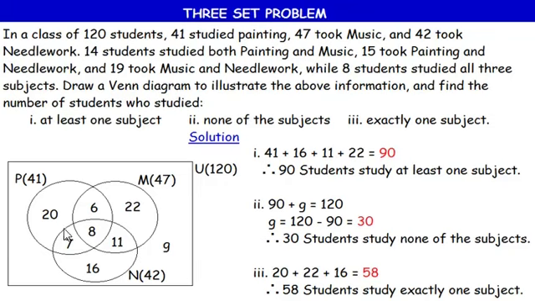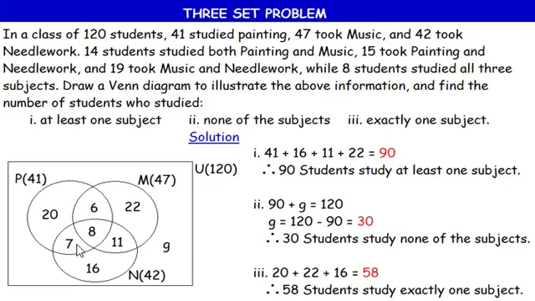Now how did we get the 20 here, the 22 here, and the 16 here? This entire circle is for painting, and from the question 41 studied painting. If this entire circle is 41, and we know that this portion is 7, this portion is 8, and this portion is 6, we can easily find this portion, that is painting only.